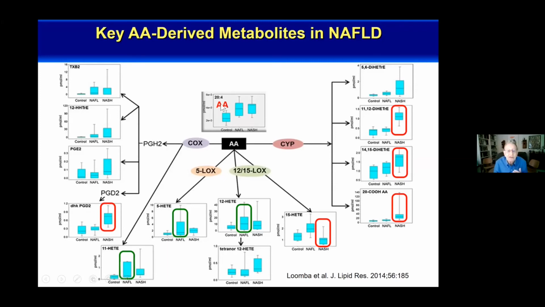And this is the amount of arachidonic acid in their plasma at the center top, which you can see is increased in those with fatty liver and those with NASH.